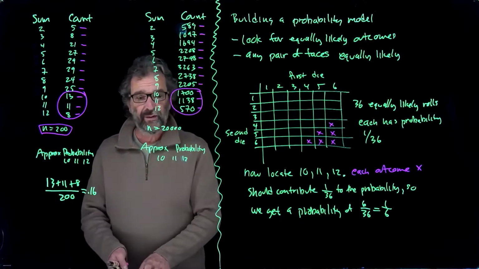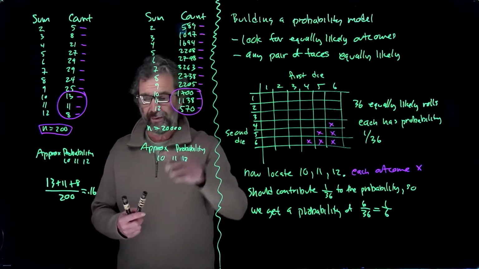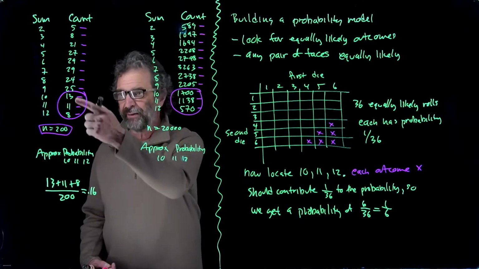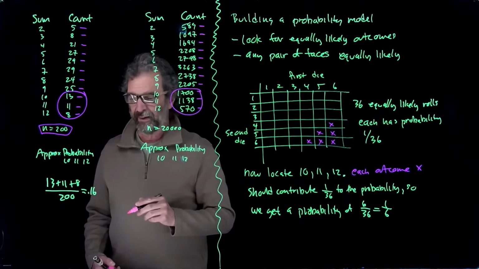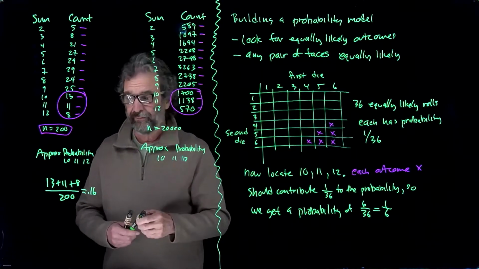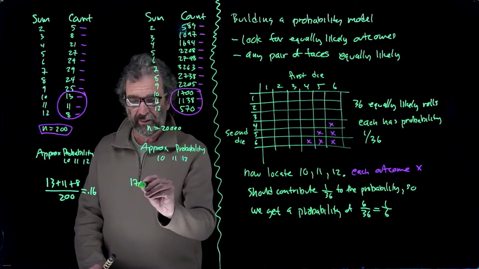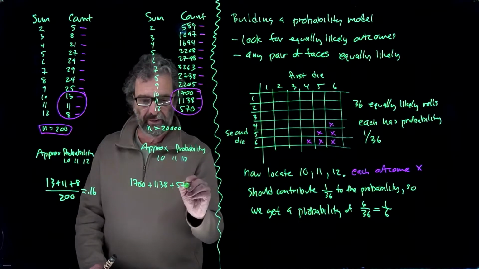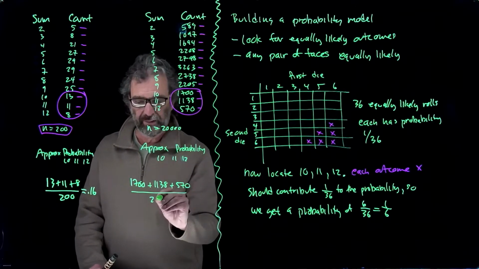And then over here, should be more accurate, but we might have lucked out, we don't know. This has a lot more variability in what can happen, but you can hit the right thing by accident too. It can happen. So here comes the other one, 1,700 plus 1,138 plus 570 over 20,000.